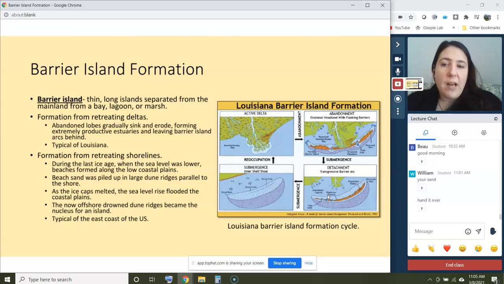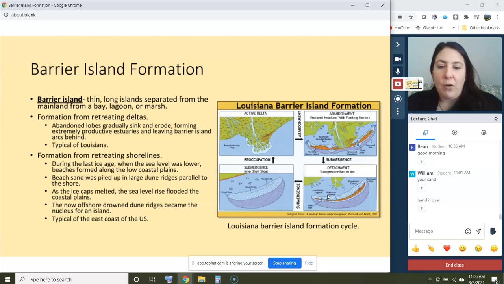Then another way you can have barrier islands form is from retreating shorelines, just from sea level rise. And so, for instance, during the last ice age, when sea level was a lot lower, there were beaches that formed along the coastal plains at the time. Beach sand was piled up into large dunes that were situated parallel to shore.